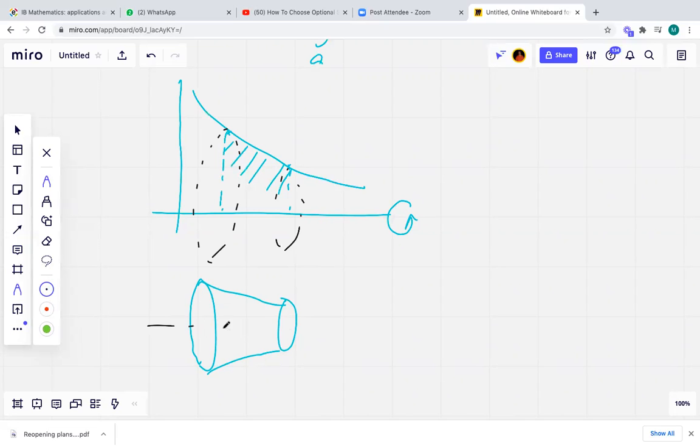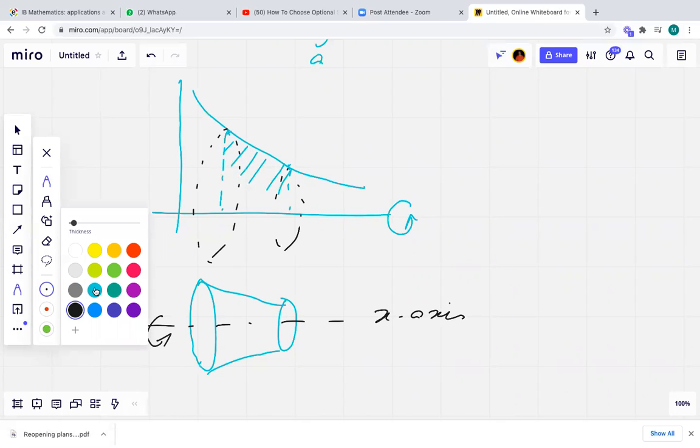This is my x-axis. So I get a solid which is like this.